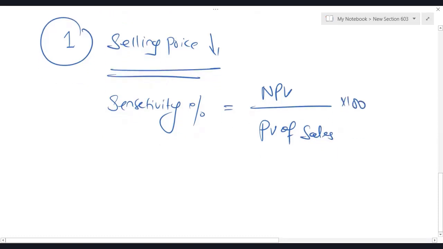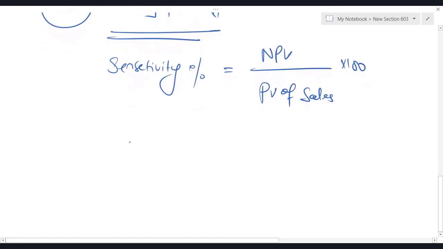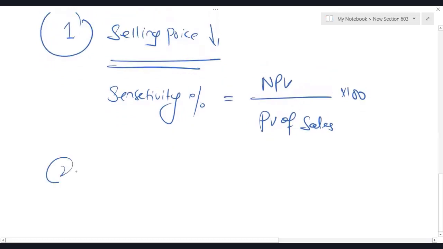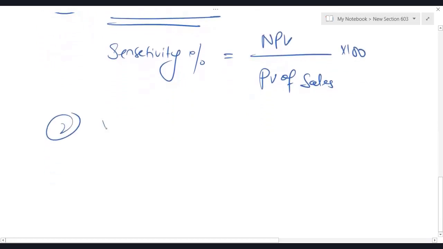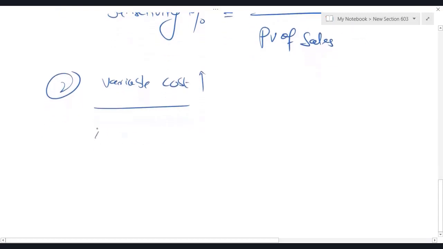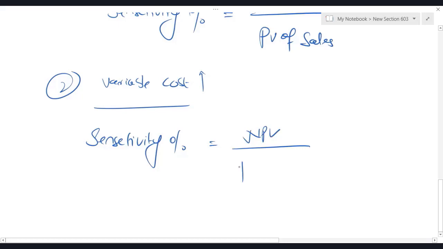So how do we apply sensitivity analysis on the selling price? Simply NPV divided by present value of sales. And second, if I want to apply this on variable cost, obviously if the variable cost increases, that is treated as an adverse event. So sensitivity percentage is equal to NPV divided by present value of variable cost.